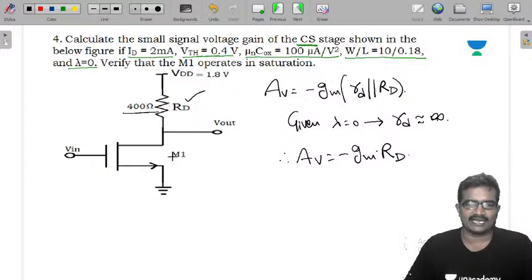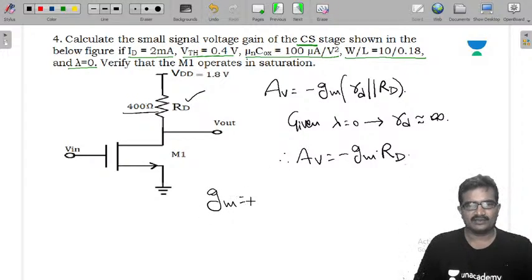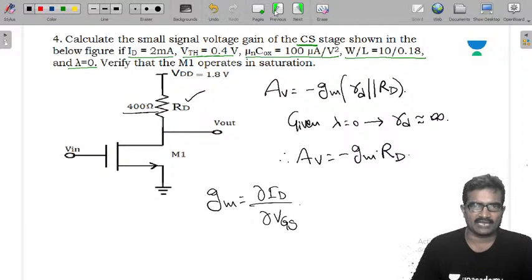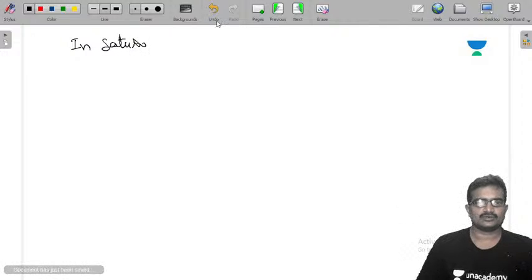Now we need to calculate the GM value. So what is GM? We know GM is dou ID by dou VGS. Now first I am going to calculate that value. So in saturation, because they gave it as an amplifier, to use your transistor as an amplifier, it should operate in the saturation region.